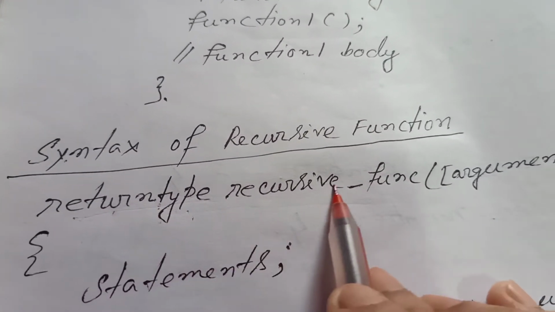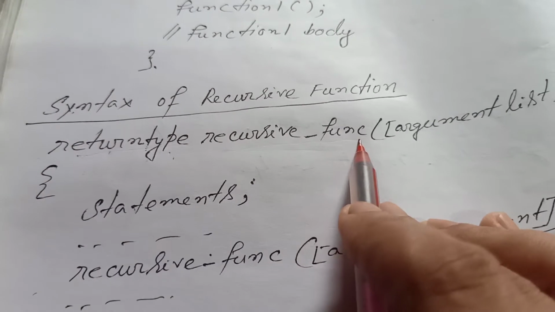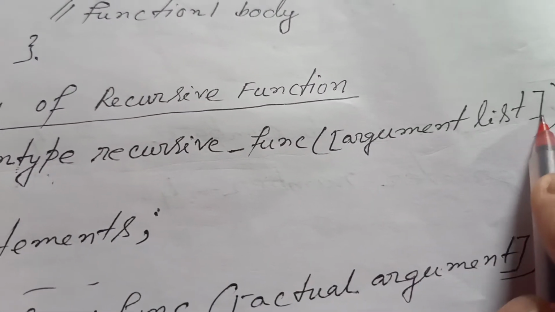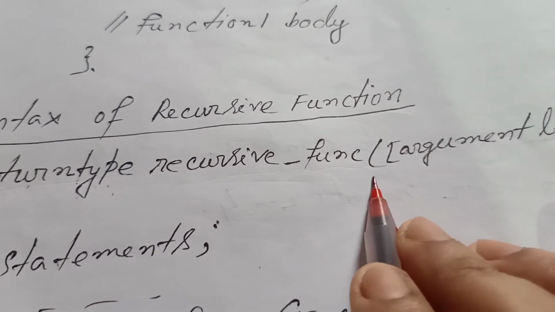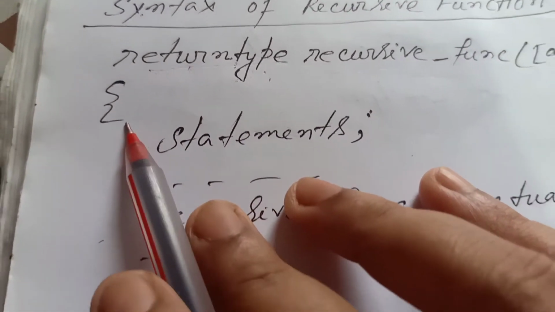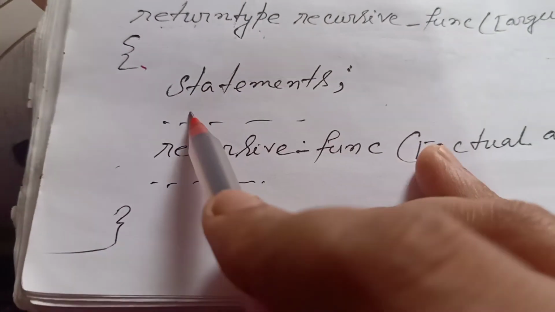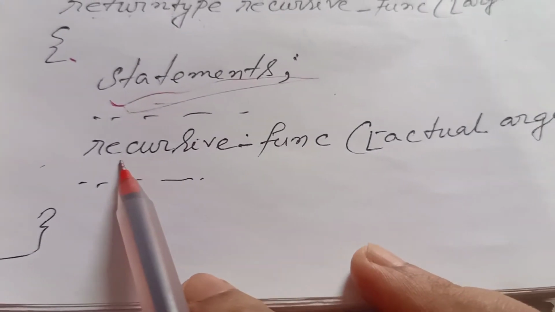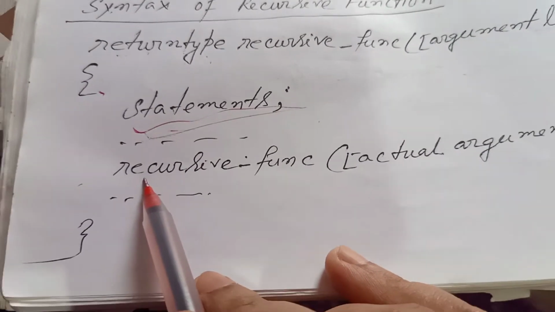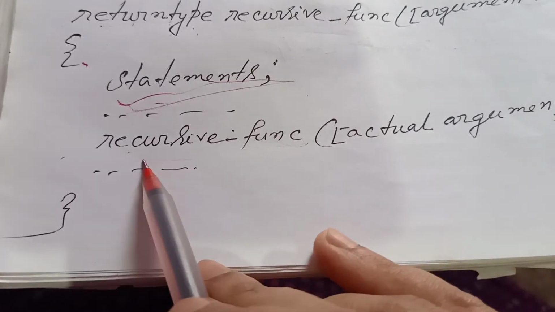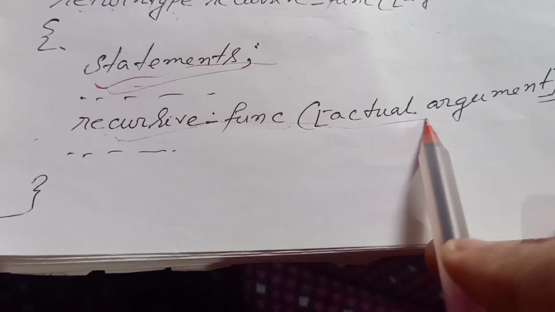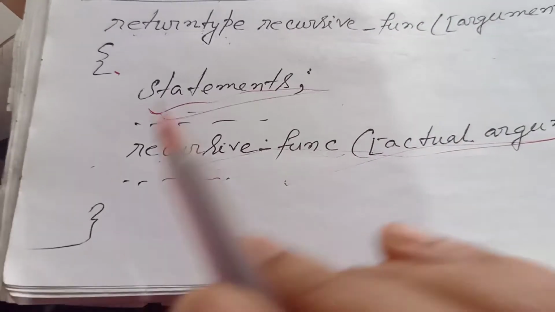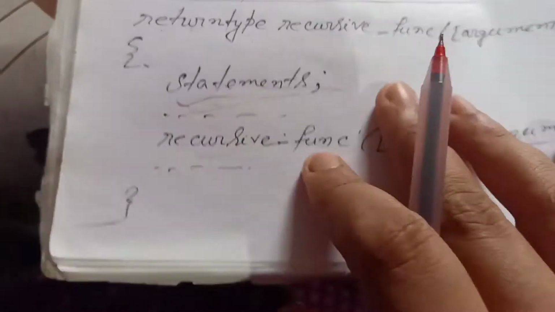After giving the return type, we have to put the recursive function name, and within the brackets the argument list. Then the opening brace starts, and we write all the statements, and within this recursive function definition, the recursive function is called again with the actual argument. And close it. So this is the syntax of a recursive function.